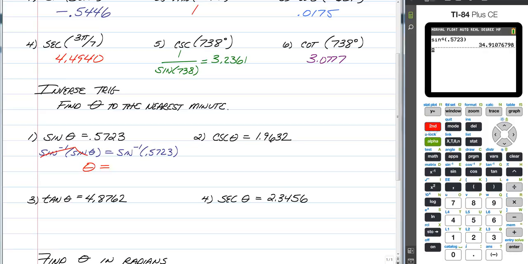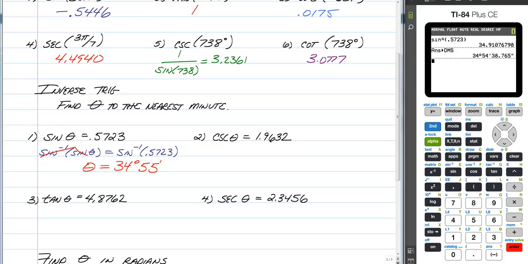It's second, and then the apps button has the angle as its second option. Number 4 is DMS, which means change it to degrees, minutes, and seconds, and click enter. Remember, anything over 30 seconds rounds a minute up, so this is 34 degrees and 55 minutes.